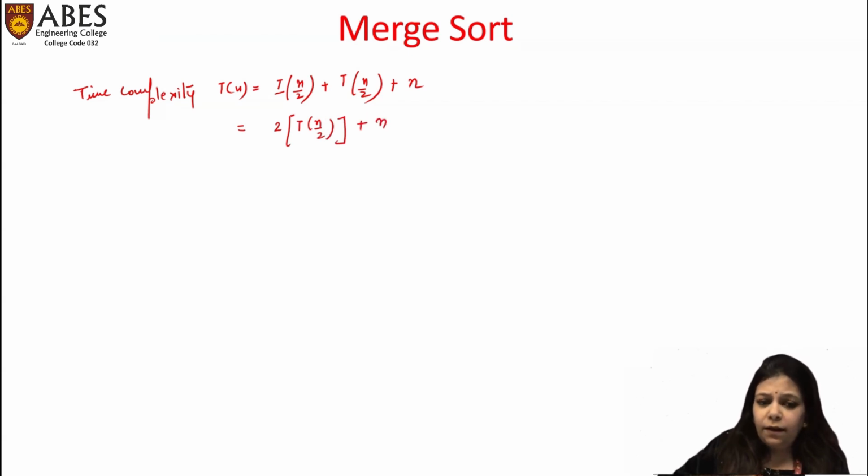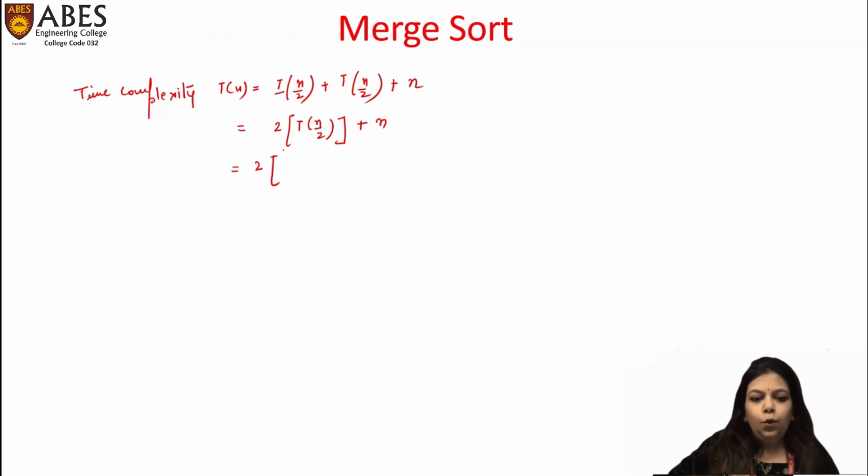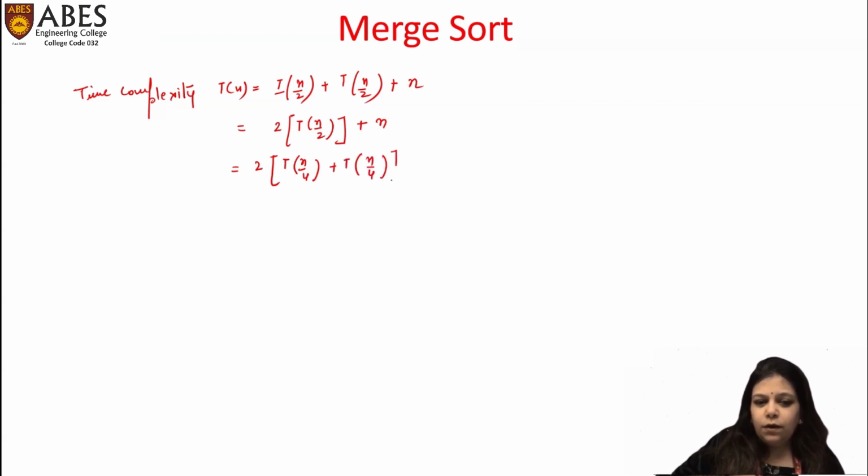Now, suppose again we are dividing this problem of size n by 2 into two parts, right? So in this case, it will be 2 times T(n/4) plus T(n/4), right? And the time required to merge these two arrays of n by 2 size will again require n by 2 cost plus n.